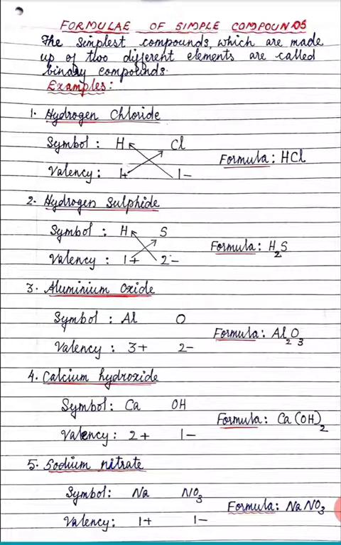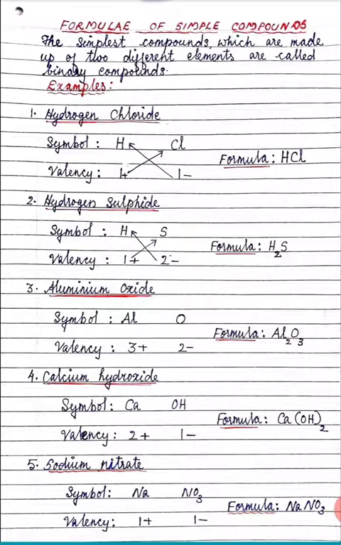The bracket around OH with a subscript 2 indicates that there are 2 hydroxyl or OH groups joined to one calcium atom. This OH group is called the hydroxyl group.